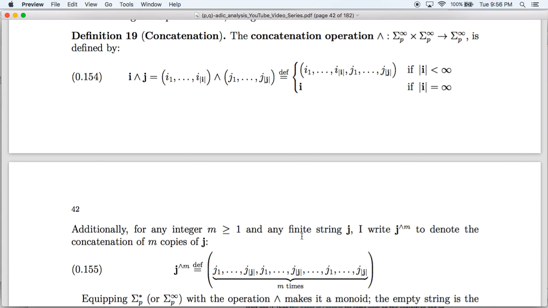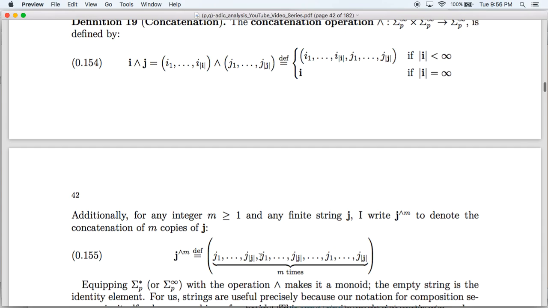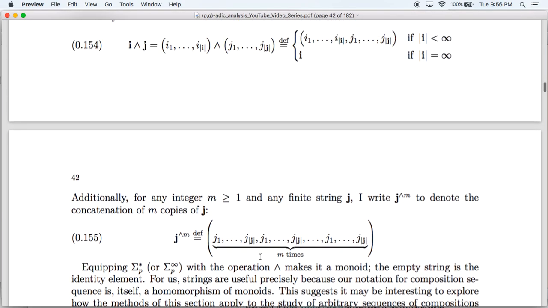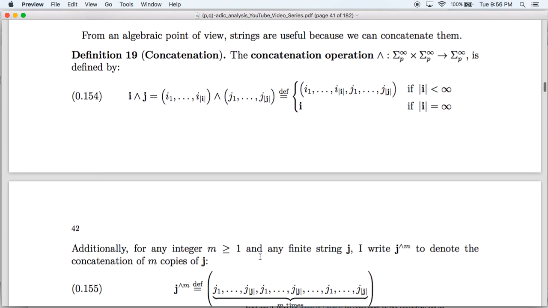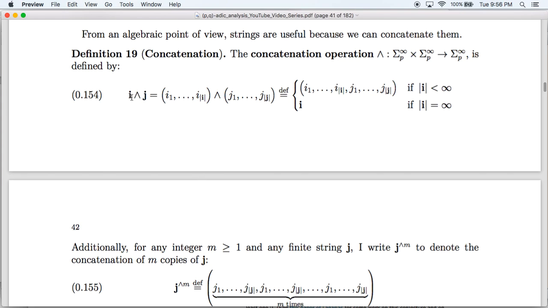Additionally, for any integer m and any finite string j, I write j to the wedge m to denote the concatenation of m copies of j with itself. So here's just a fun exercise. As we saw, we can identify infinite strings with p-adic integers.